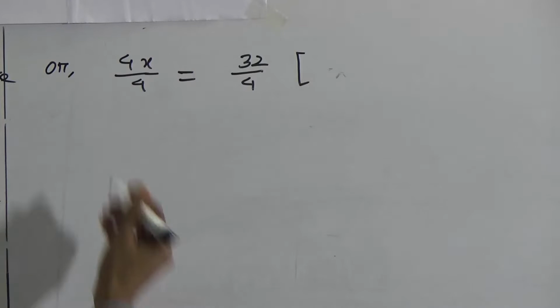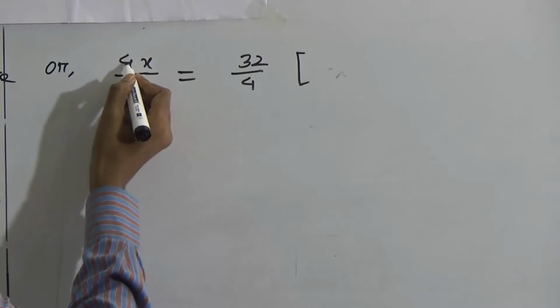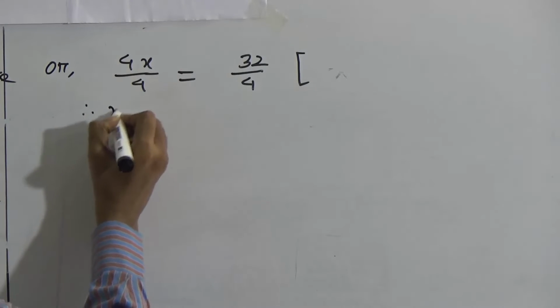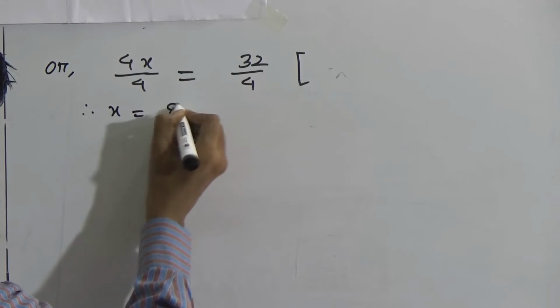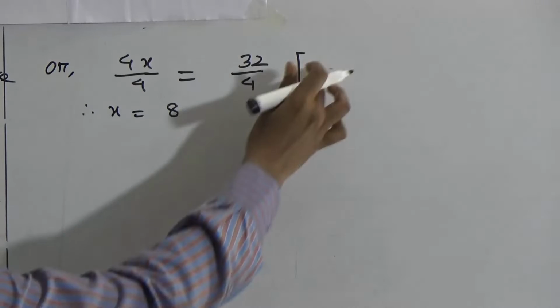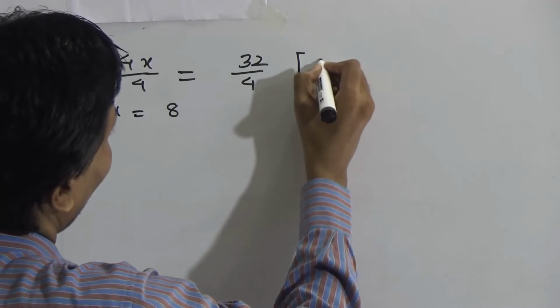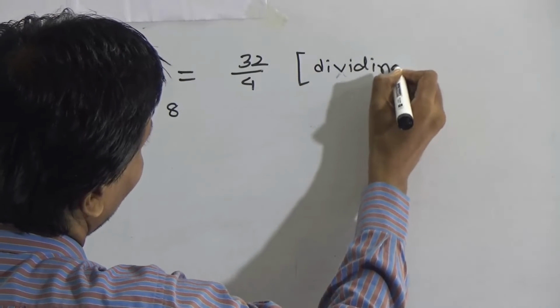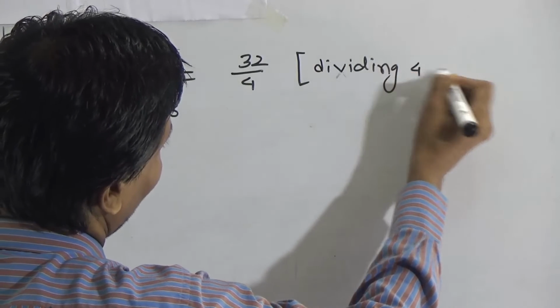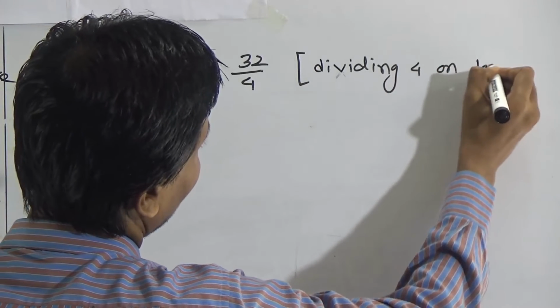Now you see 4 vanishes. You divide 32 by 4, then you get 8. Right here, dividing 4 on both sides.